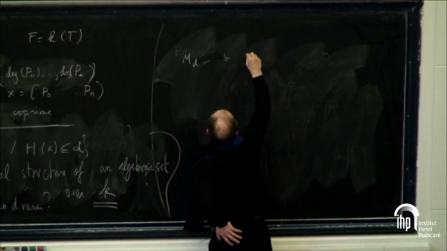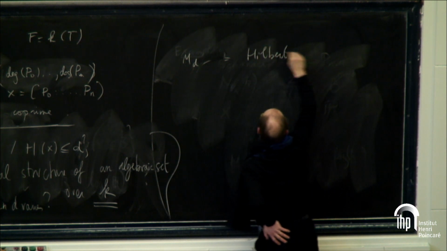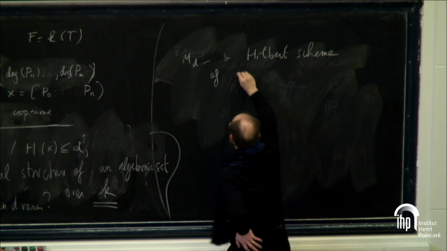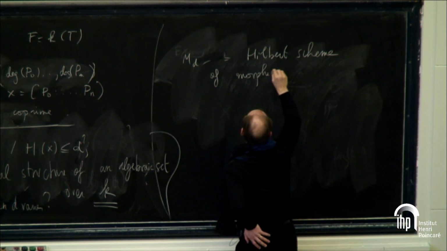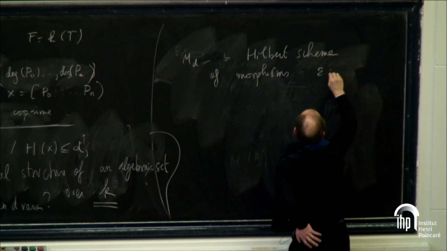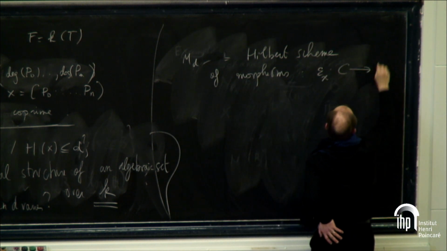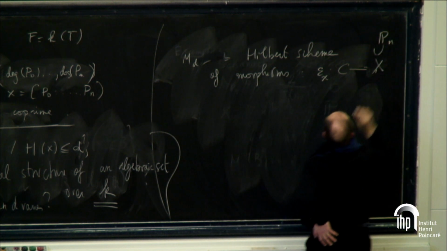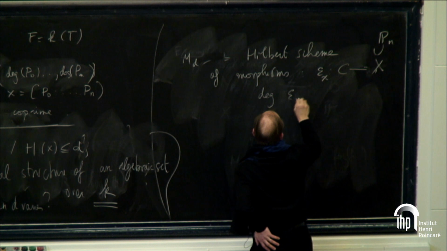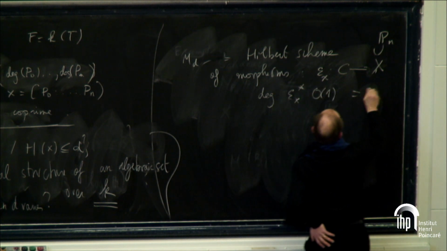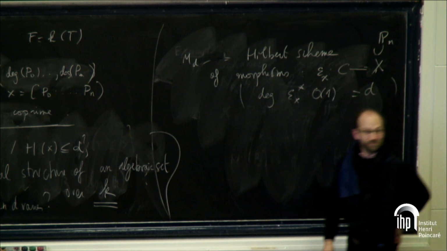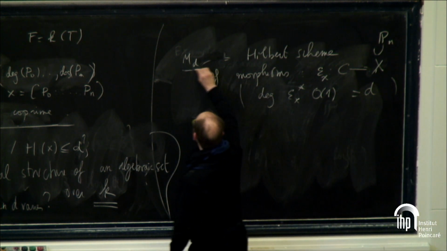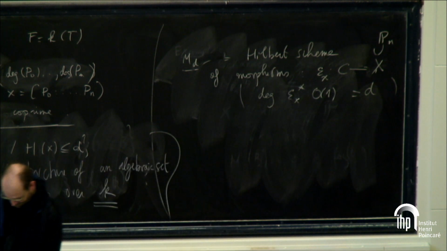It's a Hilbert scheme of morphisms from C to X. Remember that X is embedded in P^n, and the degree is fixed, so then you have a precise definition. And this M_G has been constructed by Grothendieck.